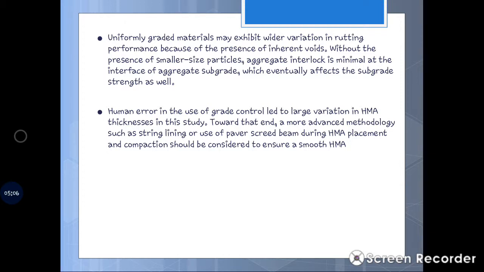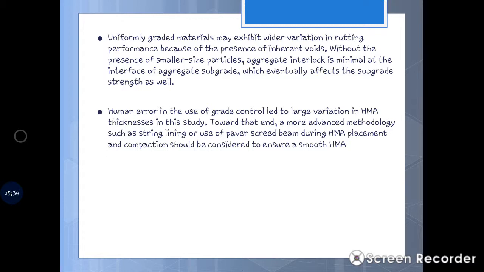So, uniformly graded materials may exhibit wider variation in rutting performance because of the presence of inherent voids. Without the presence of smaller sized particles, aggregate interlock is minimal at the interface of aggregate-subgrade, which eventually affects the subgrade strength as well.